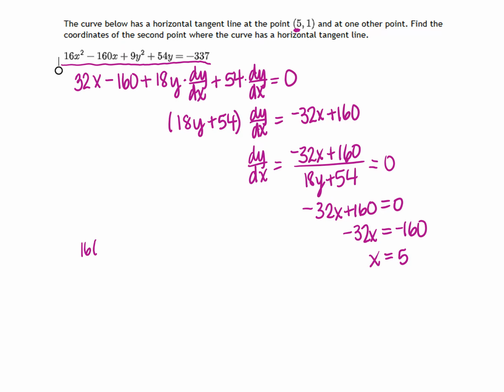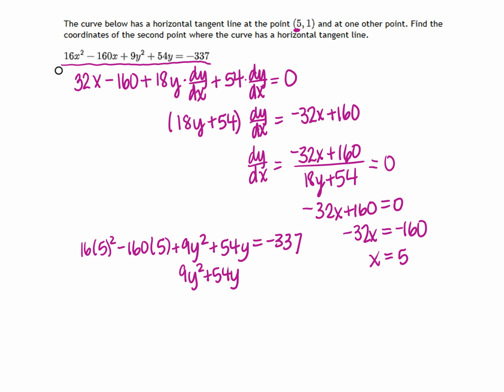So we have 16 times 5 squared minus 160 times 5 plus 9y squared plus 54y is equal to negative 337. And then if we simplify this, set equal to 0, we will have 9y squared plus 54y minus 63 is equal to 0.